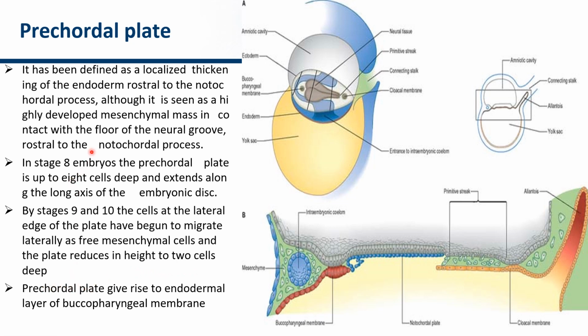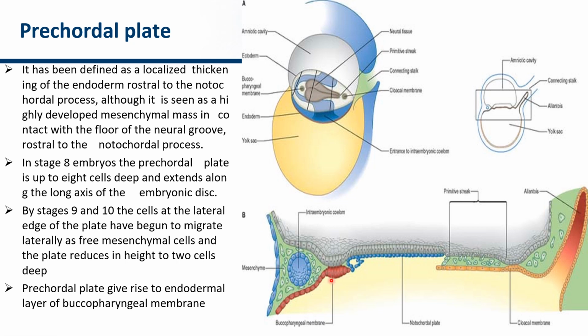So at the stage 8 embryo, nearly the 23rd day of development, the precaudal plate is 8 cells deep, and at stage 9 to 10 it is only 2 cells deep. It is responsible for giving rise to the endodermal layer of the buccopharyngeal membrane later on.